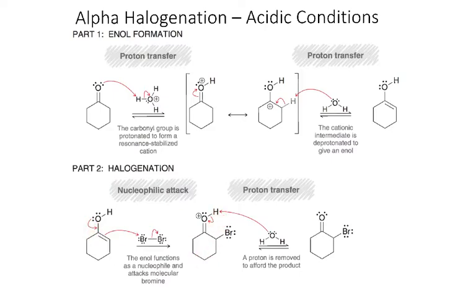But the way that they've drawn it here is fine. I'll just draw it differently to see a slightly different example when we draw a mechanism at the end of the video. Then the second step of the halogenation is just a proton transfer, giving us the alpha halogenated ketone.